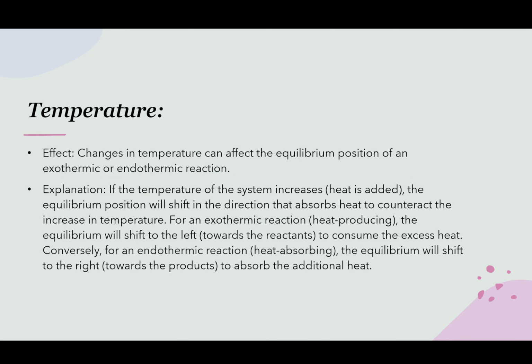Alright. So with temperature, changes in temperature can affect the equilibrium position of an exothermic or endothermic reaction. If the temperature of the system increases, the equilibrium position will shift in the direction that absorbs heat to counteract the increase in temperature. So for an exothermic reaction, the equilibrium will shift to the left to consume excess heat.